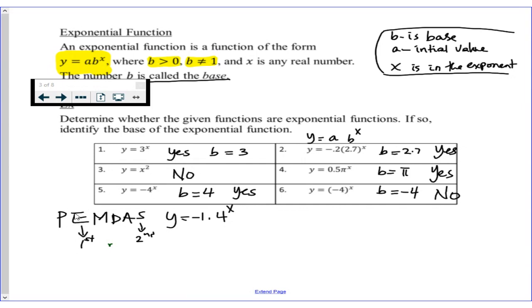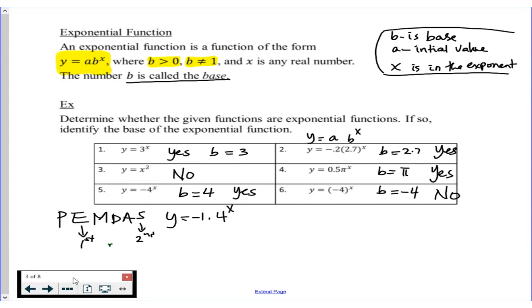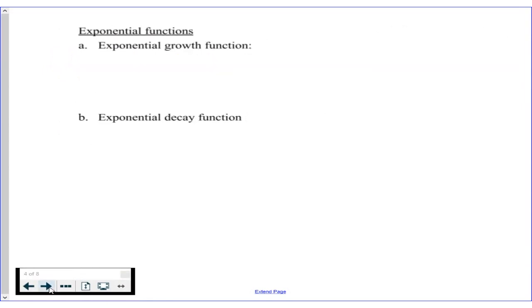Okay. Now let's go to the next. Now next we'll talk about exponential growth functions and exponential decay functions. There are two types of exponential function depending on the value of b. So if b is greater than 1, the function will increase.